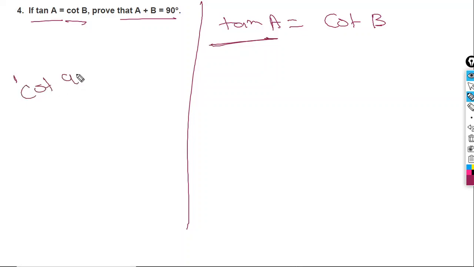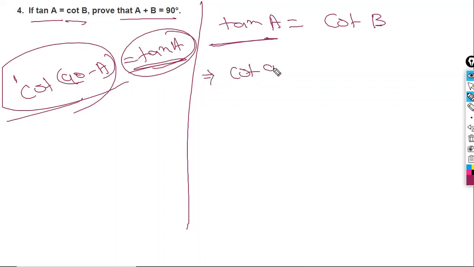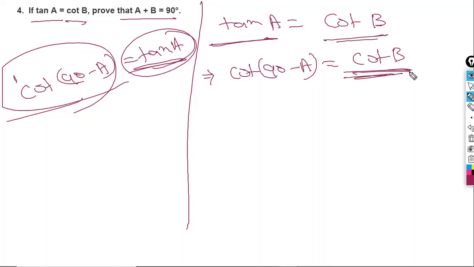Cot (90 minus a) equals tan a. That's the formula for us. So instead of tan a, we can write cot (90 minus a). Implies cot (90 minus a) equals cot b. RHS we are not doing anything with.